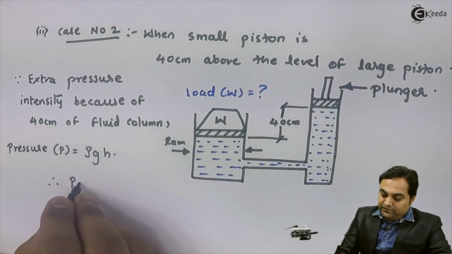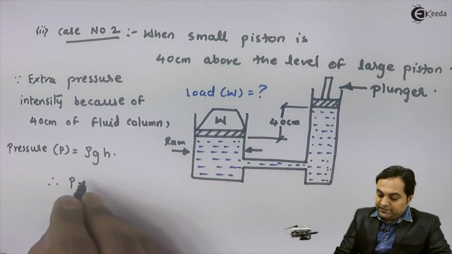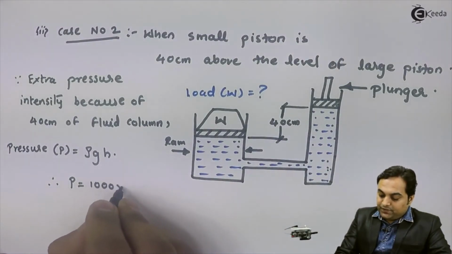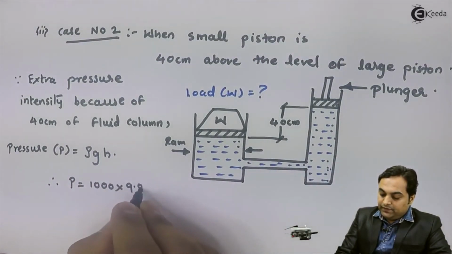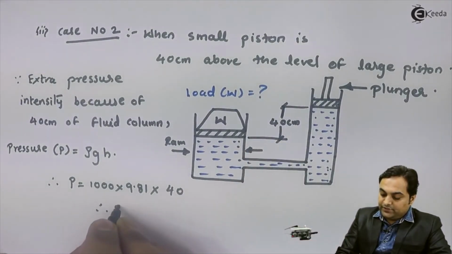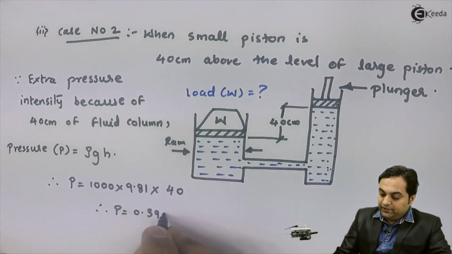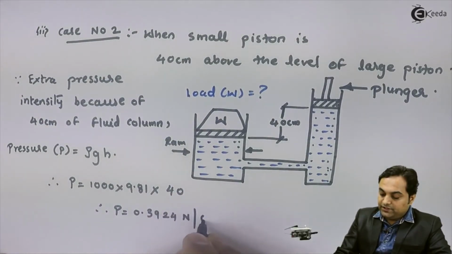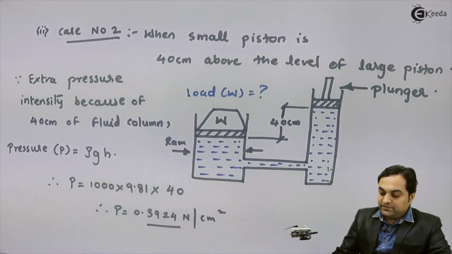So P will be equal to the density of the fluid, which is given in the problem as 1000, g is 9.81, and this height is 40. So here I'll get the extra pressure intensity. My answer is 0.3924 Newton per centimeter square. This is the added pressure.